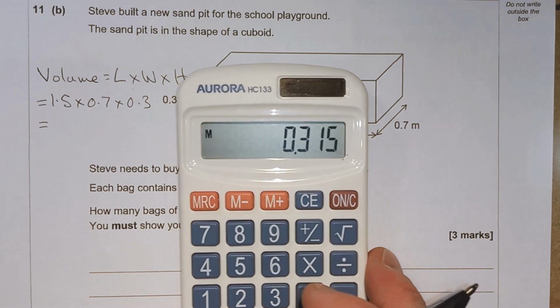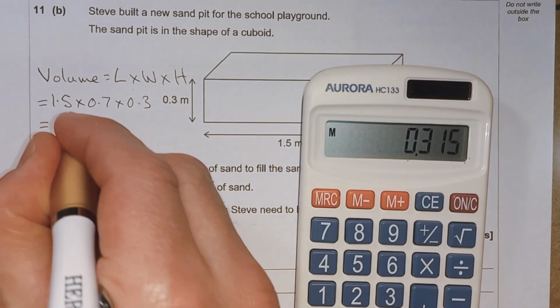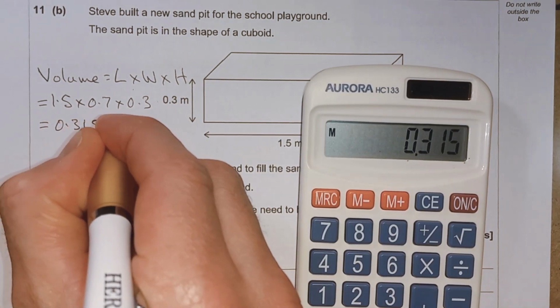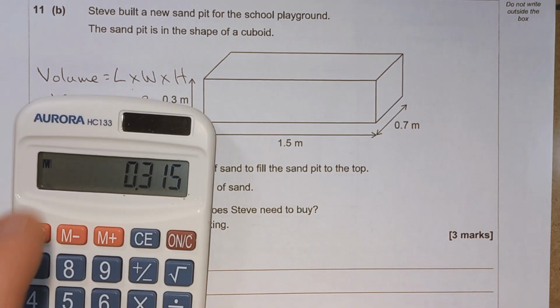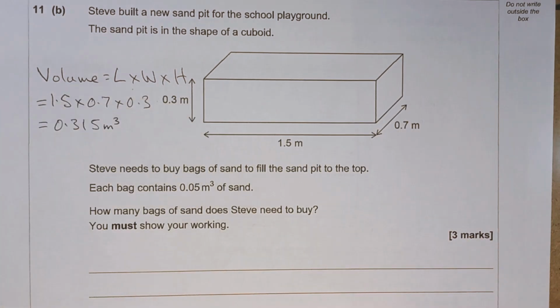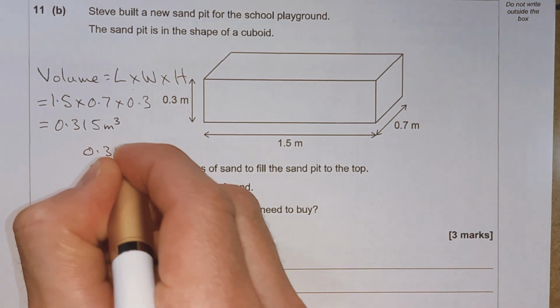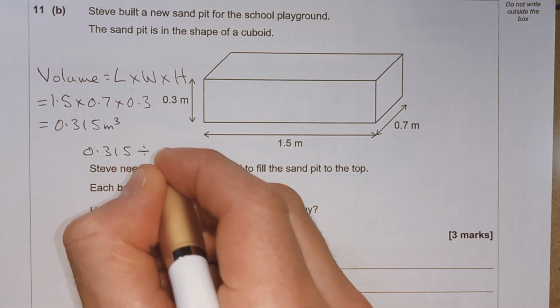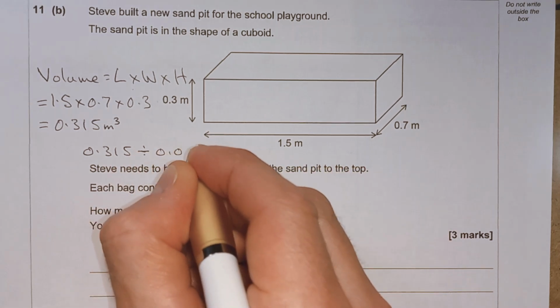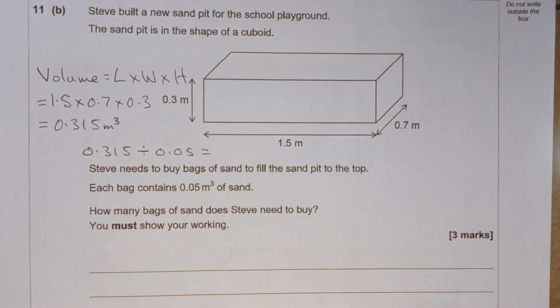Okay, so we get 0.315, and that's metres cubed. Now each bag contains 0.05, so we need 0.315 divided by 0.05 to tell us how many bags we need.